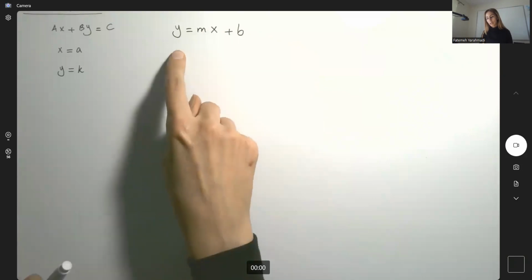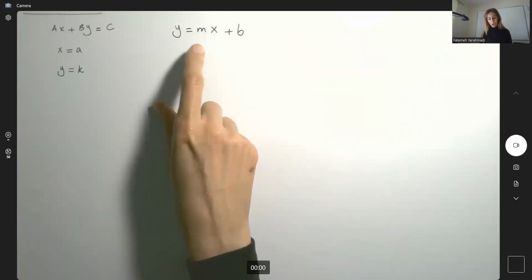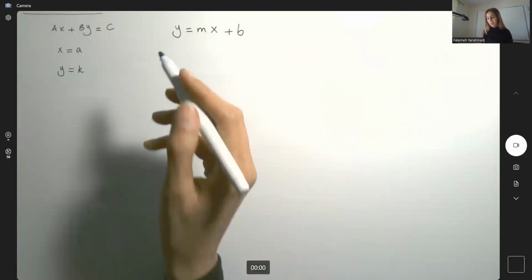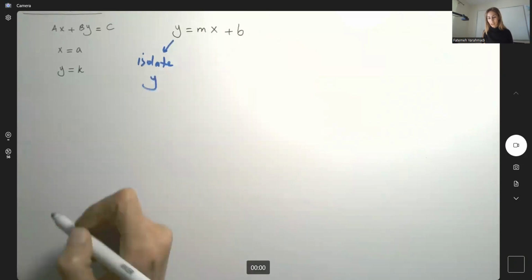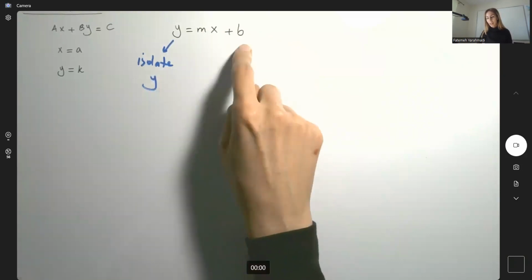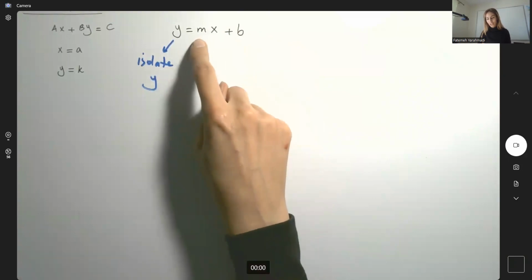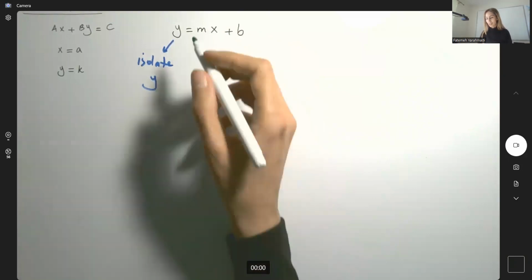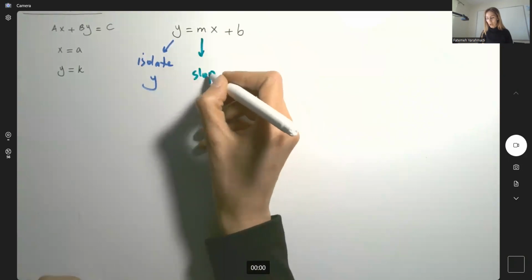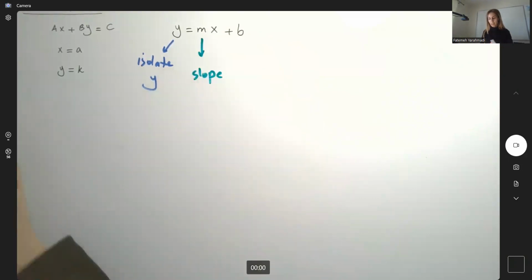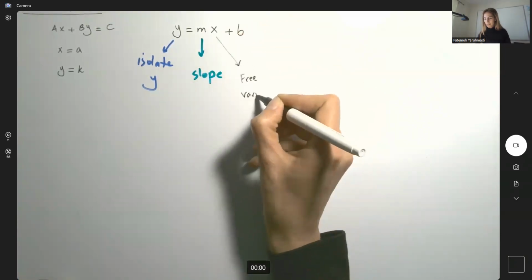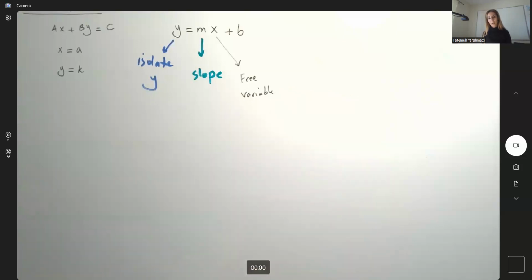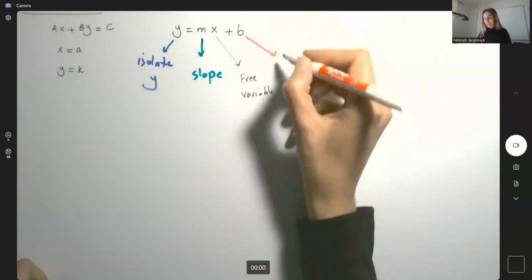When you write your equation this way, you are isolating y on one side, and on the other side, you have m, which is called the slope of the line, times a variable x, and you have b that you're going to call the y-intercept.